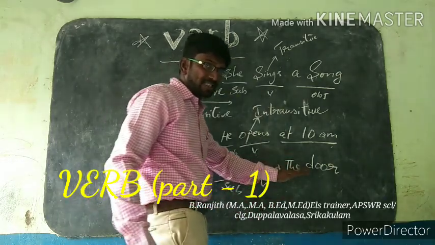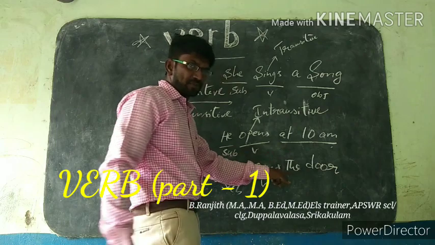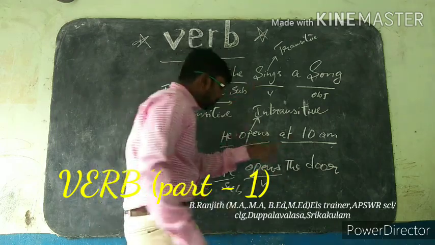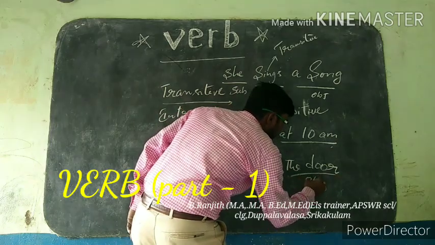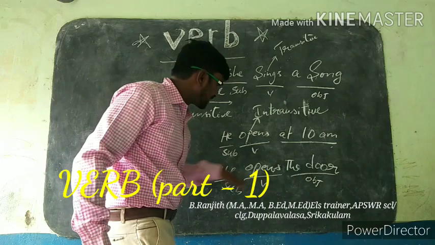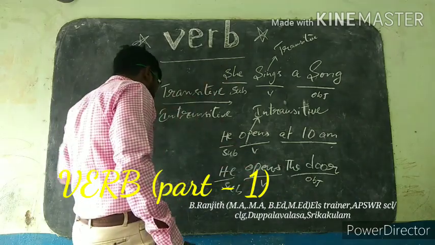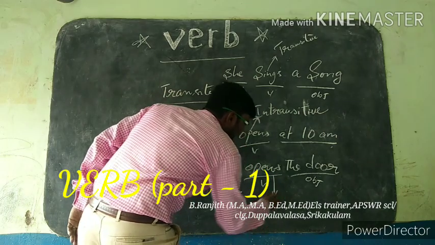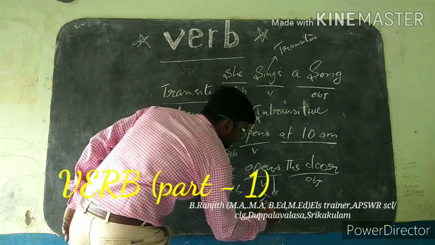Is there any object in this sentence? Yes, there is an object. What does he open? He opens the door. So this one is the object, and this sentence contains an object. So in that particular sentence, the verb opens is a transitive verb.